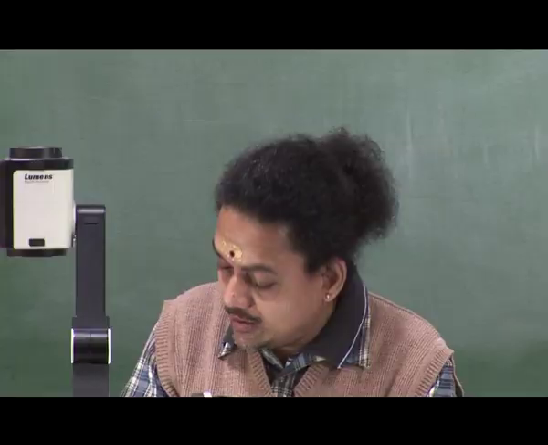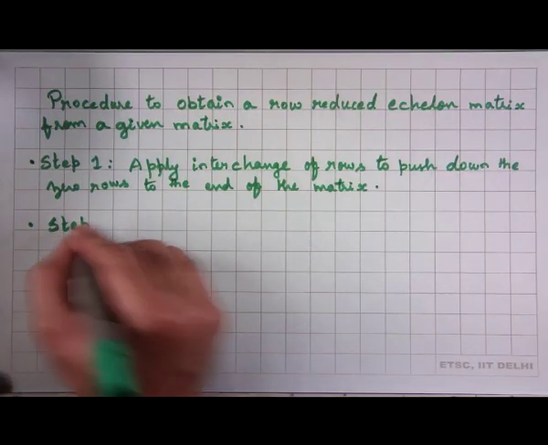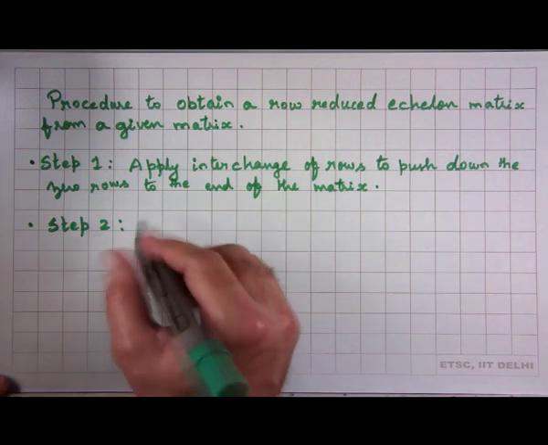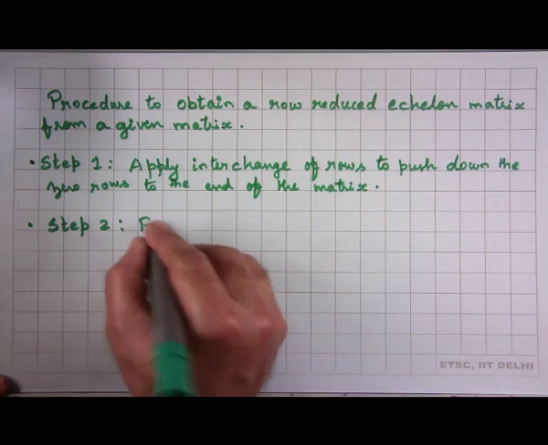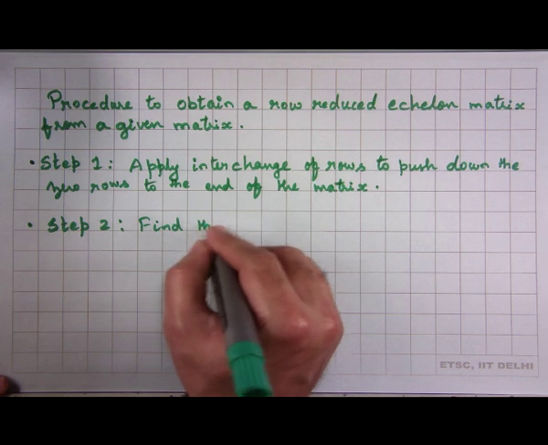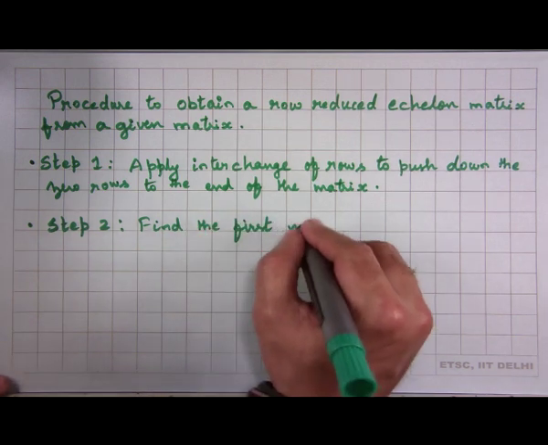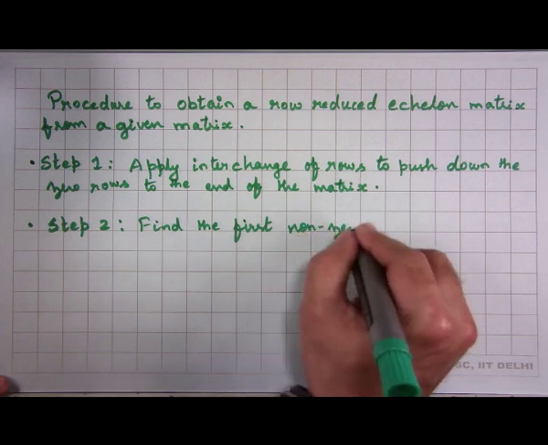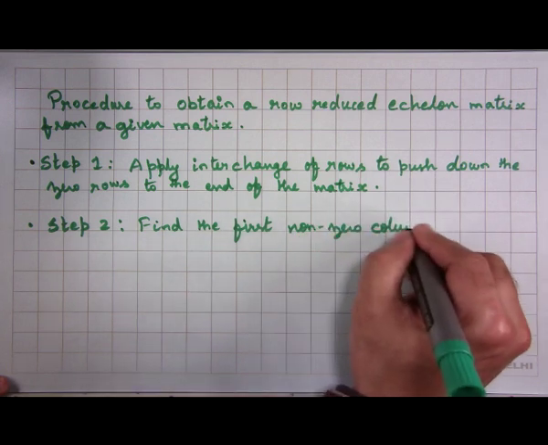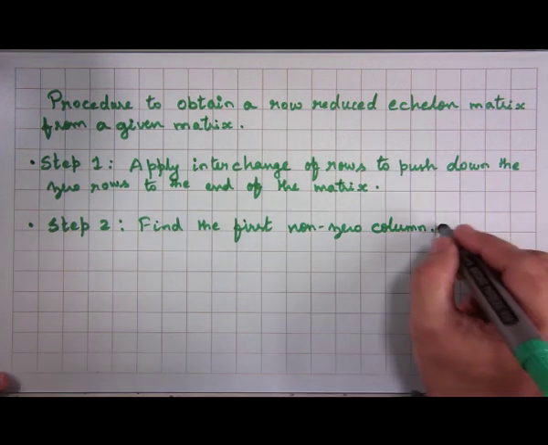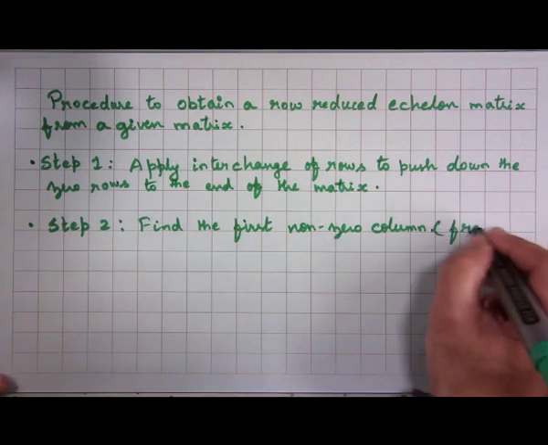Now, the second one, step 2: find the first non-zero column. You will have to find the first non-zero column. In fact, I should write it as from left.